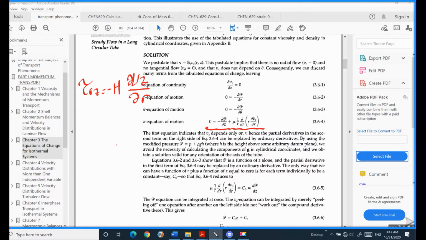Now, to obtain the velocity distribution with respect to r, we need to solve this equation. What you can see from this equation is that we have partial derivatives in two directions, z and r. The p is changing with respect to z, and vz is changing with respect to r, and the left side is 0. There is only one condition: we can obtain that this term is 0.